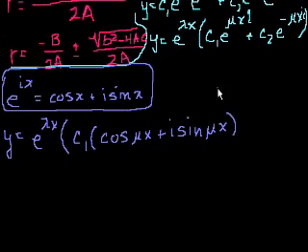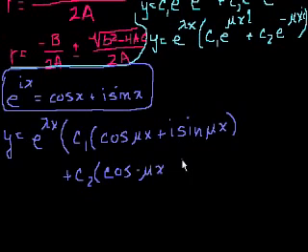And then plus c2 times what? Times cosine of minus mu x plus I sine of minus mu x.